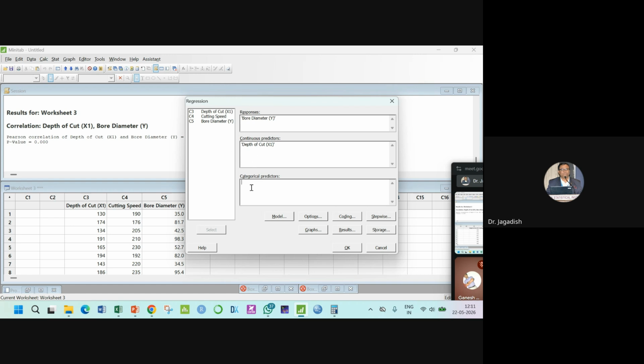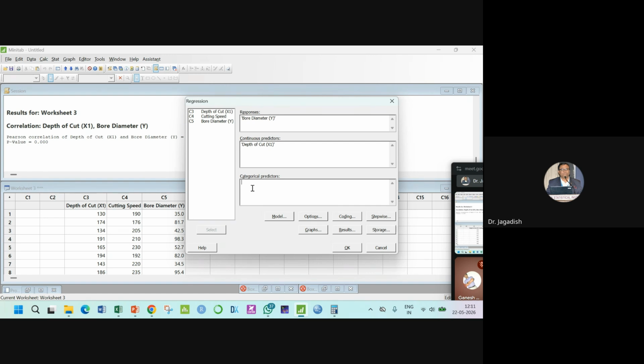And categorical variables are not there. I do not have low, medium, high kind of data, right? Sometimes it may also be possible that your x is categorical, but y is continuous, then you should use linear regression.